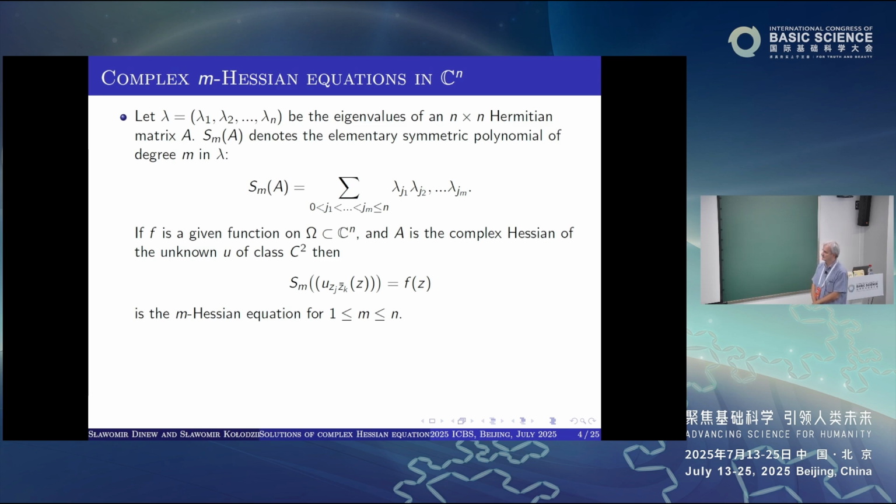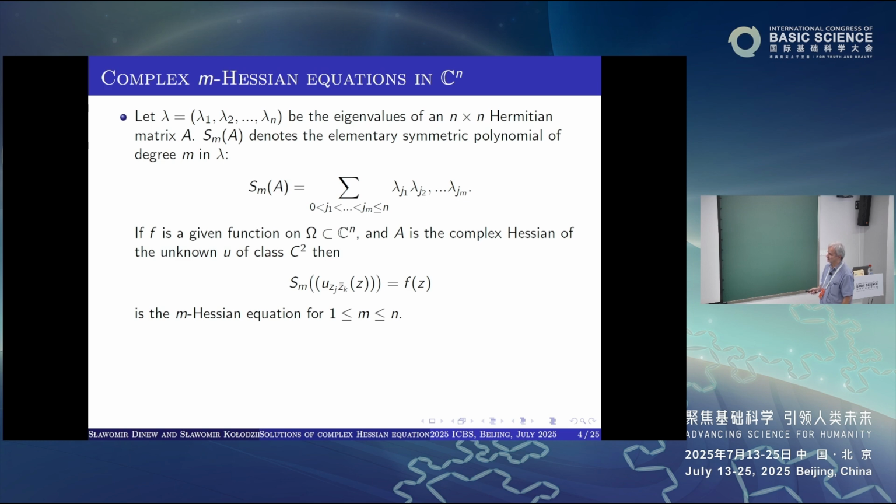Having this, we can define the complex Hessian equation. We have a given function f in some domain in C^n. By A, here we denote the complex Hessian of the unknown function u.